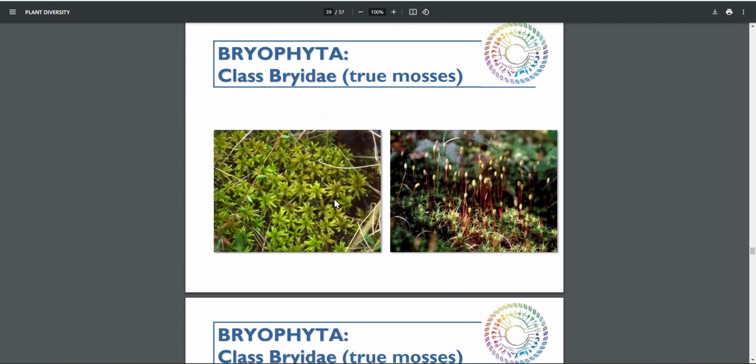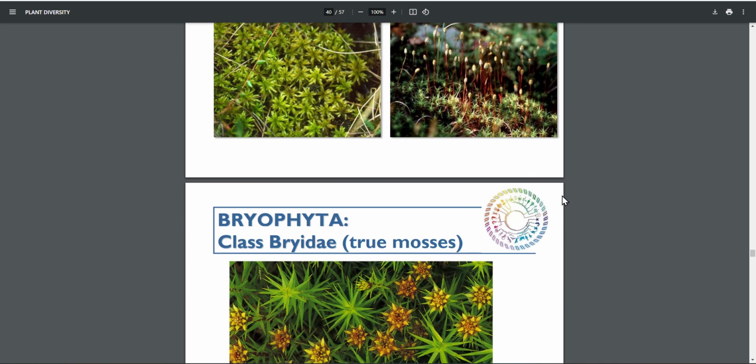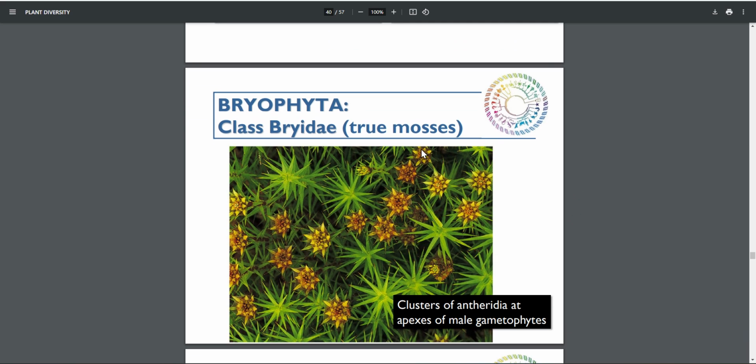You can see here, these are the gametophytes, while these, the stalk and the pod, those are the sporophytes. Here, you see these little clusters. These are the antheridia, which is the male sexual organ of the mosses. They're at the very end, so if you imagine a moss standing upright, they're at the very top. These are the male gametophytes.